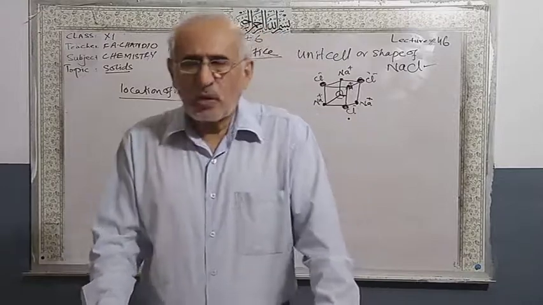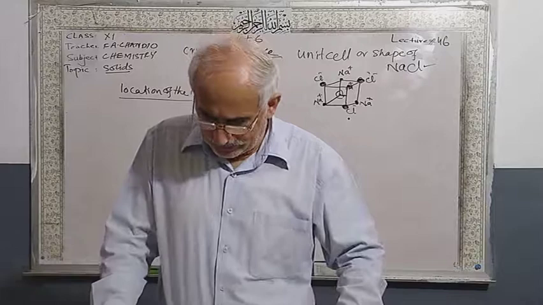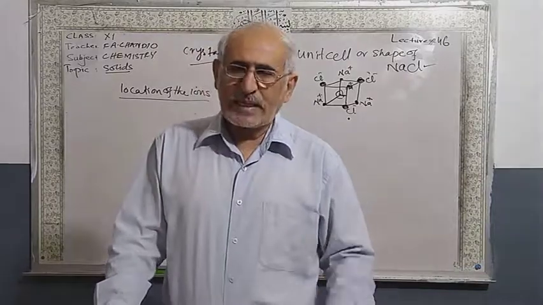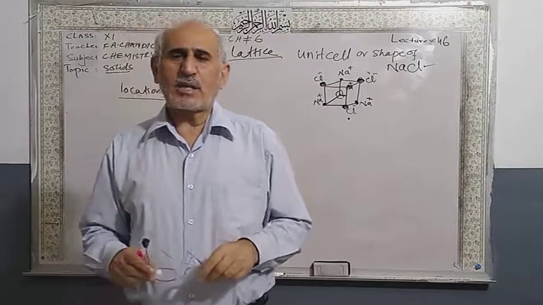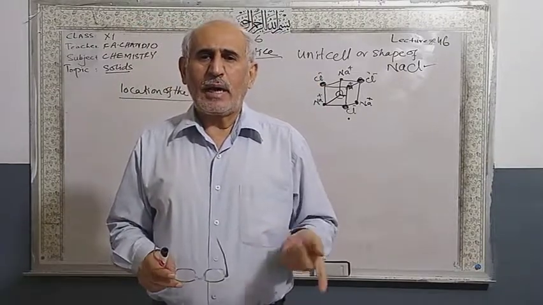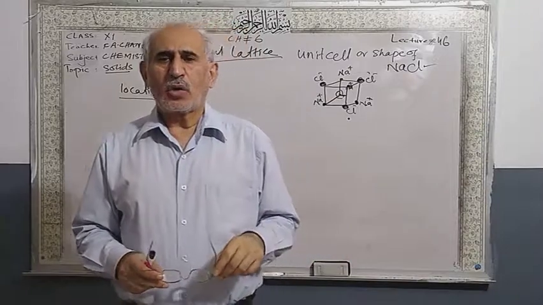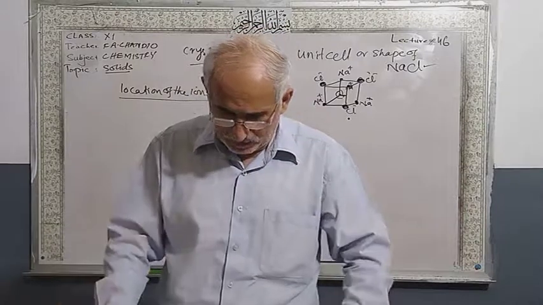So, sodium chloride has 2 ions, positive sodium and chloride. In the crystal system, 6 chloride ions surround 1 sodium ion and 1 chloride ion is surrounded by 6 sodium ions.